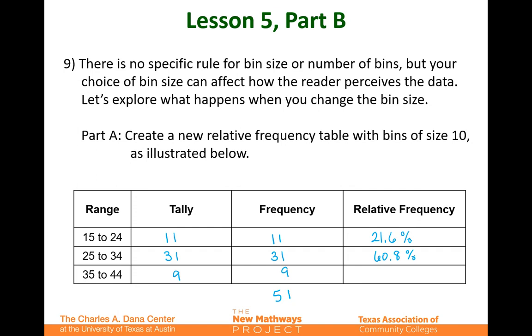And 9 divided by 51 is going to be 17.6. If we add that one up, 21.6 plus 60.8 plus 17.6, this time it did come out to be exactly 100%. We just didn't have a little rounding error.